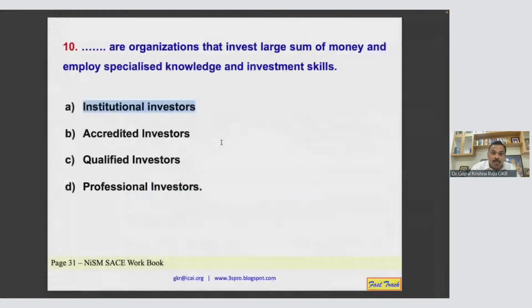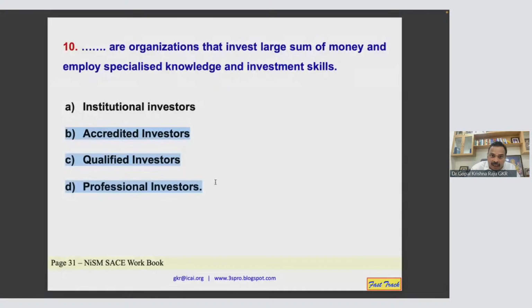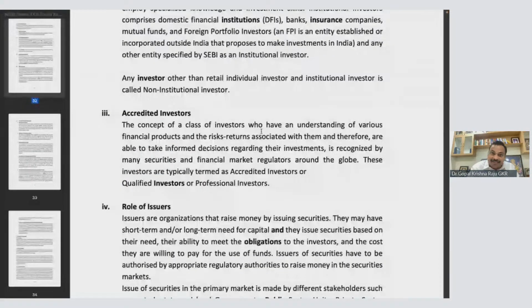Now, please understand who is this accredited investor. They are otherwise called qualified investor. They are otherwise called professional investor. So, all the three are one only. Okay, all the three are one. So, accredited, qualified, professional investors, they are a special investor who understand various products and is recognized by the regulator.